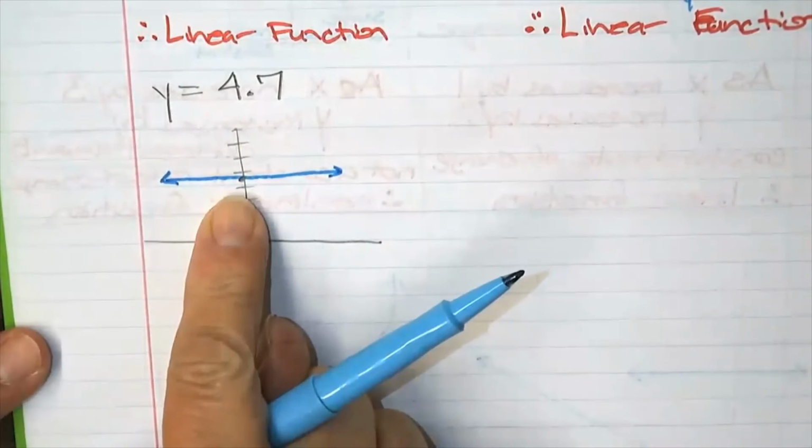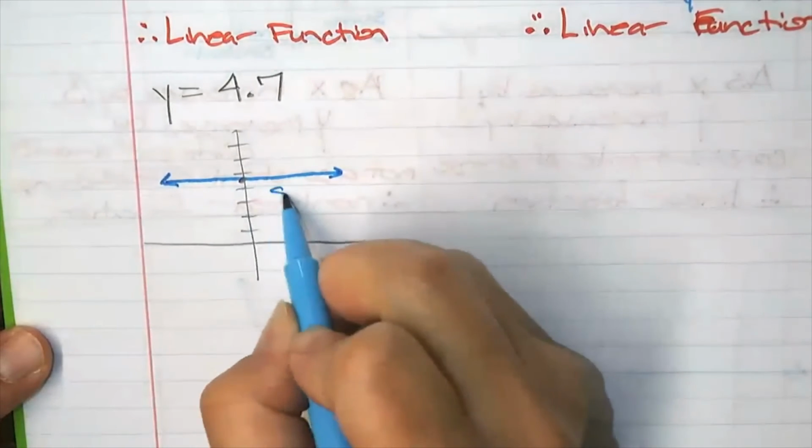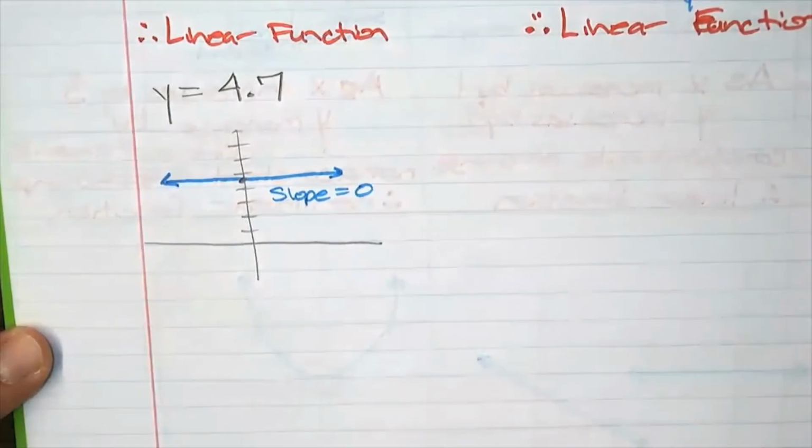This is y equals 4.7. The slope is equal to 0.